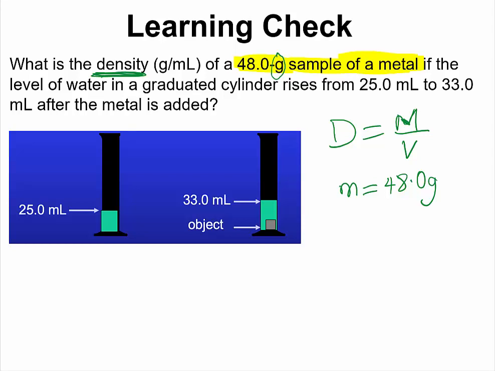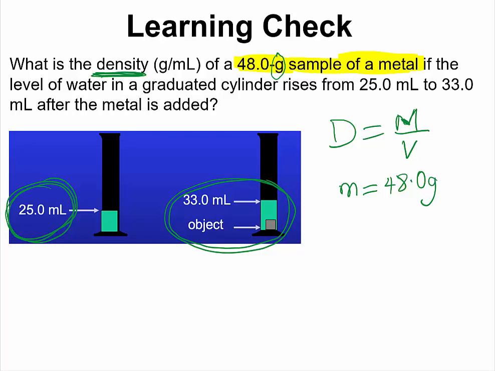Originally, the liquid level in a graduated cylinder was 25.0 milliliter. But after the sample of metal was dropped in the water, the level rose to 33.0 milliliter.